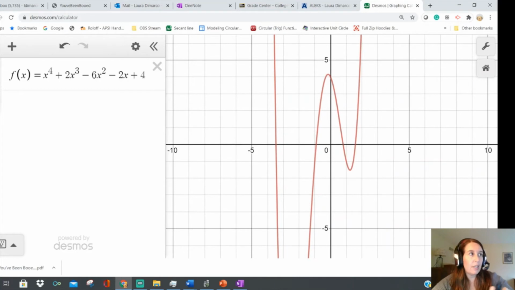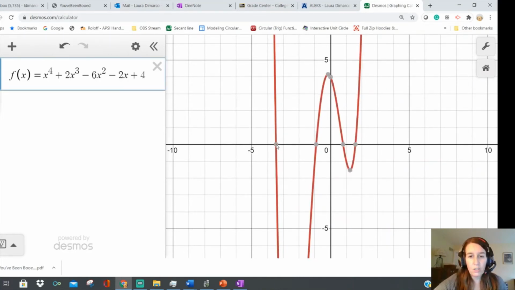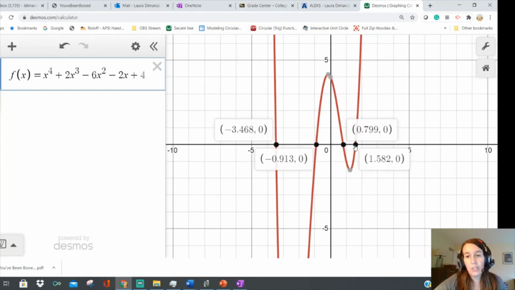One of the reasons that I like Desmos so much is because it's so quick to find the intercepts. Look, if you just click on them, it gives you the numbers for the intercepts, or for the zeros, right? So it's faster than a TI-84 where you have to do left bound, right bound, guess, for every single one. It's a nice little program to use.